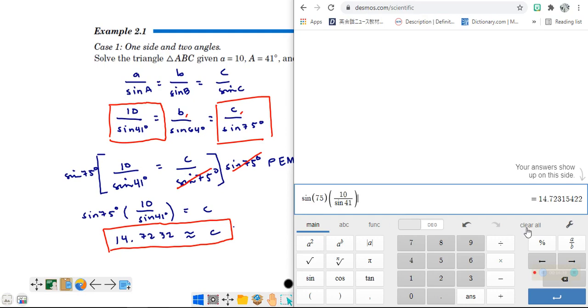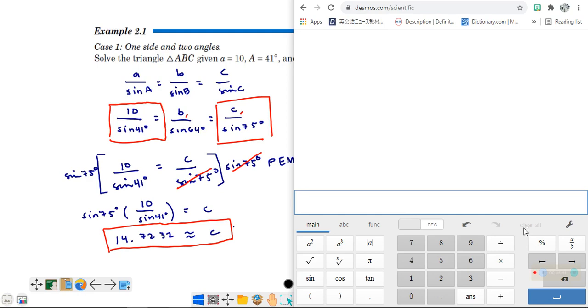So, clear muna natin yung ating, ano ba tawag dito? Window. Clear natin yung window natin. And then, ilipat ko lang to sa kabilang side para kita natin yung sinosolve natin.